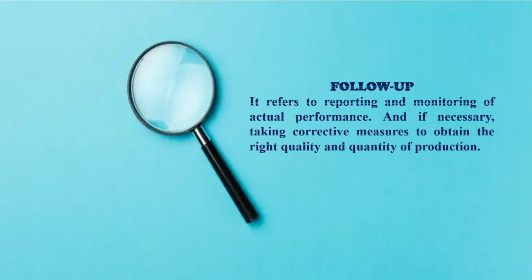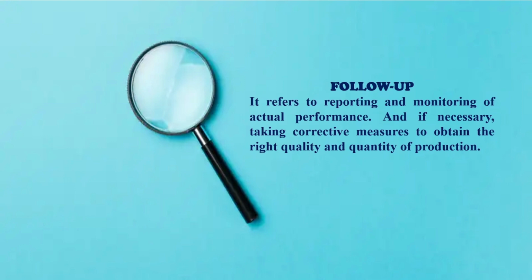Well, follow up is the main function of production control, which involves measuring actual production, then comparing actual production with the planned one. If any difference or deviation is found or noticed, then identifying the reasons or causes for the same.